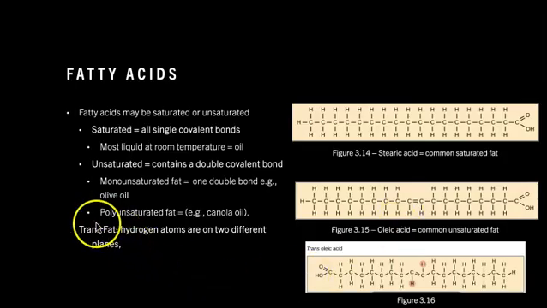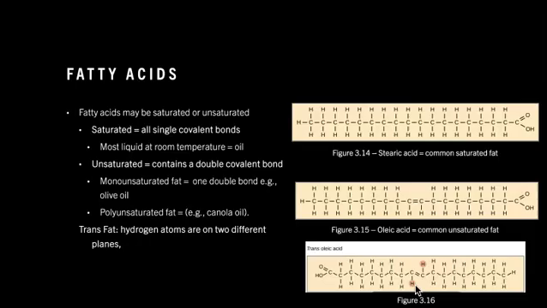We also have trans fat, in which our hydrogen atoms are on two different planes. So you can see that the hydrogens are kind of opposite of one another here, and this type of fat has been used a lot within the food industry to make them into a semi-solid form, and this is a consistency that is desirable for the processed foods.